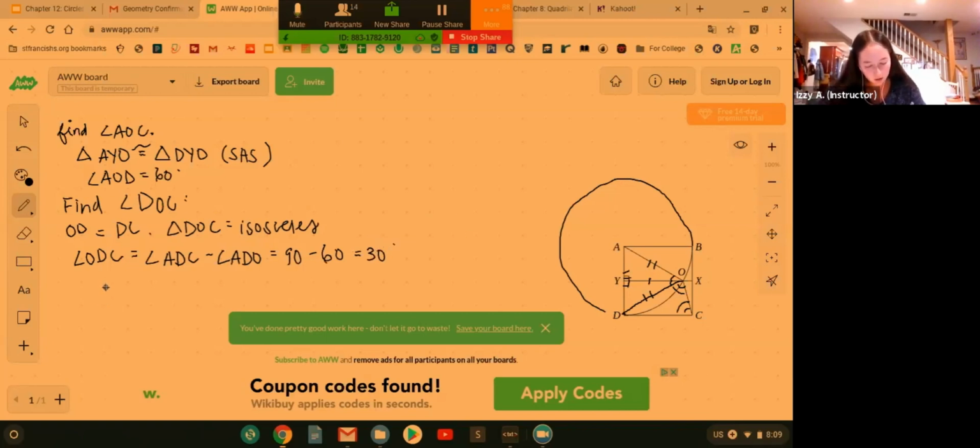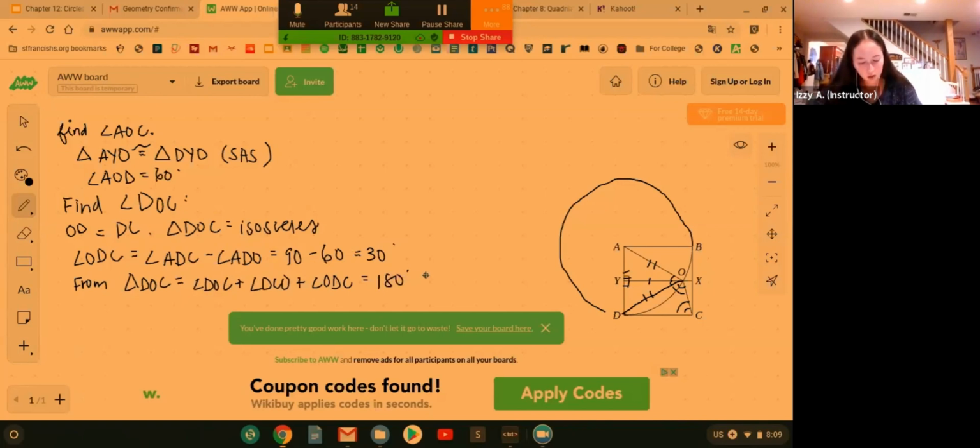So from triangle DOC, you would have angle DOC plus angle DCO plus angle ODC would equal 180.